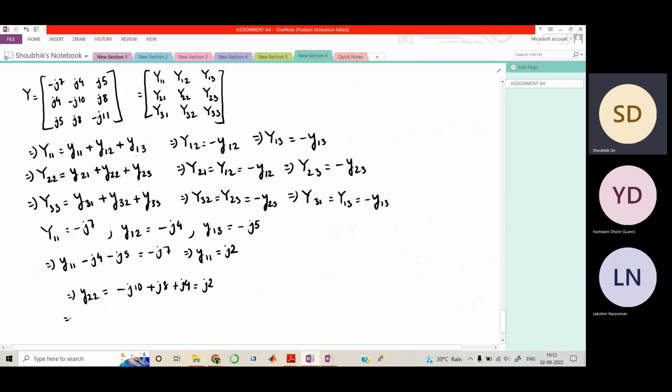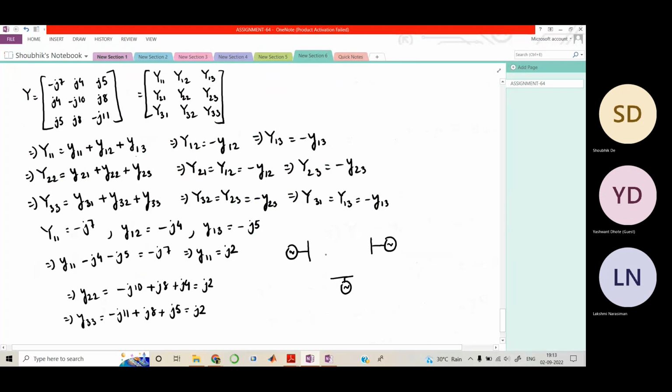And also your Y33 would be minus j11 plus j8 plus j5. Again, this is j2. Now we have all the values. We can now draw this bus network. So this is your bus 1, this is your bus 2, and this is your bus 3.